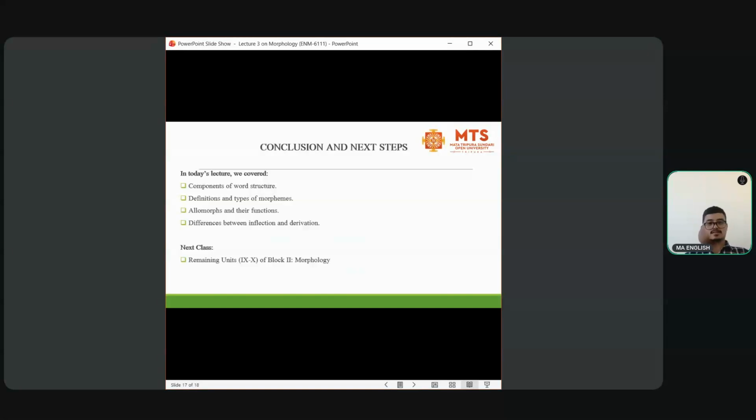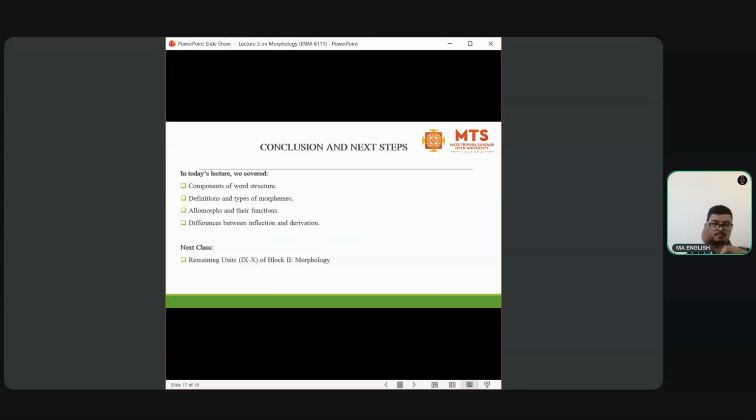In the next class, we will move on to units 9 and 10 of block 2, where we'll look at how English forms words through different processes.